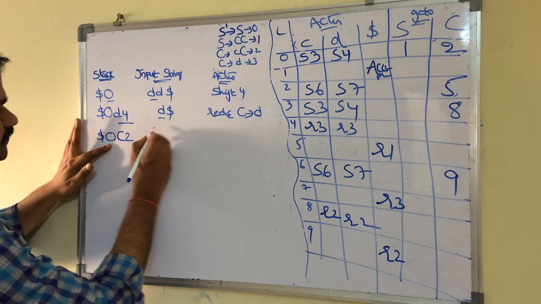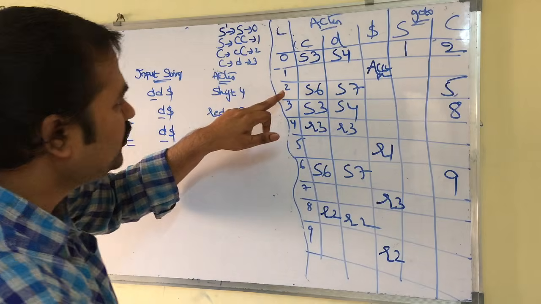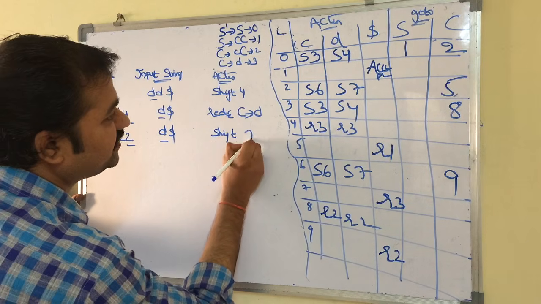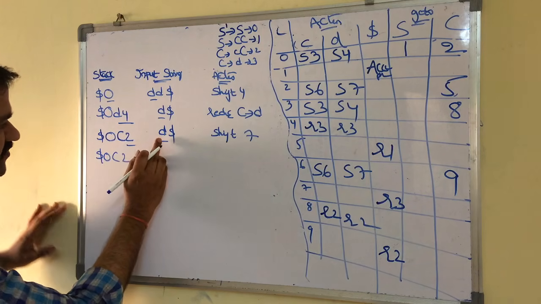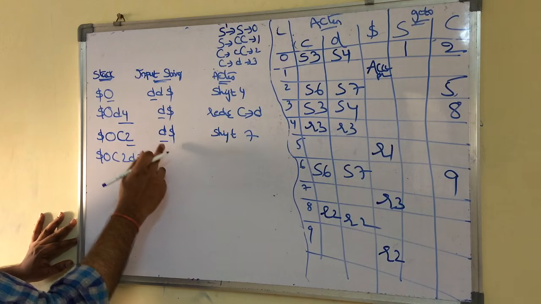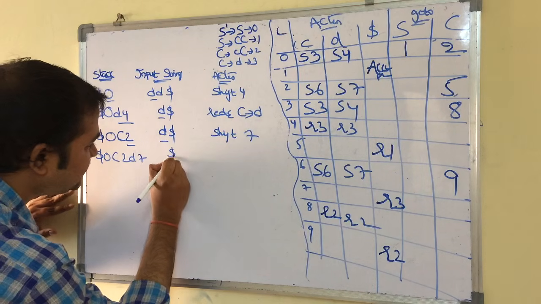So 0C2, next D dollar. So 2 on D means S7, shift 7. While shifting, first we shift the input symbol, next the state number. So D is shifted onto the stack, and the remaining input string is dollar.